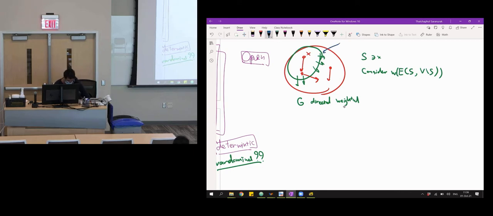So basically you want to find this cut S that contains x, but not everything. There should exist something outside the cut, such that this thing is minimized.